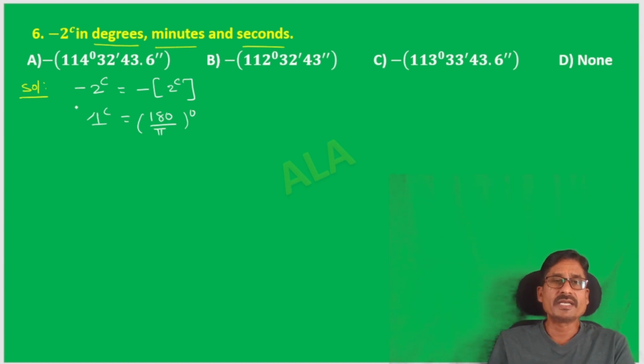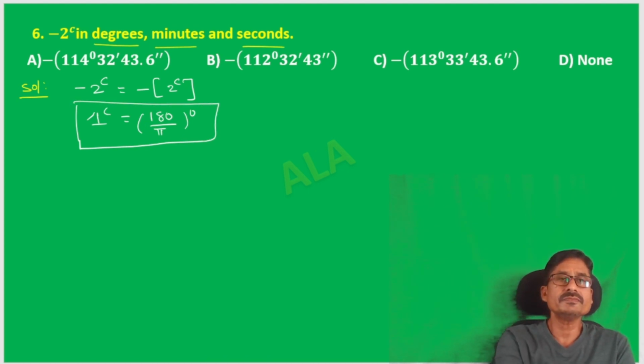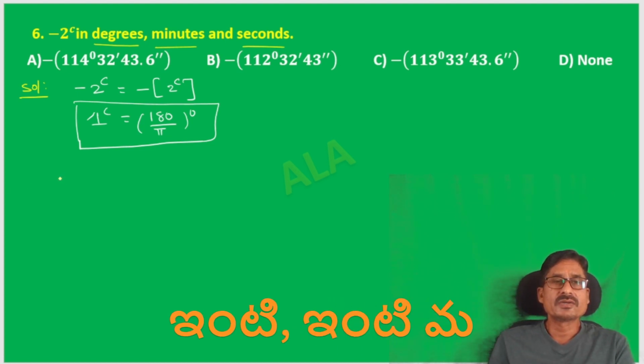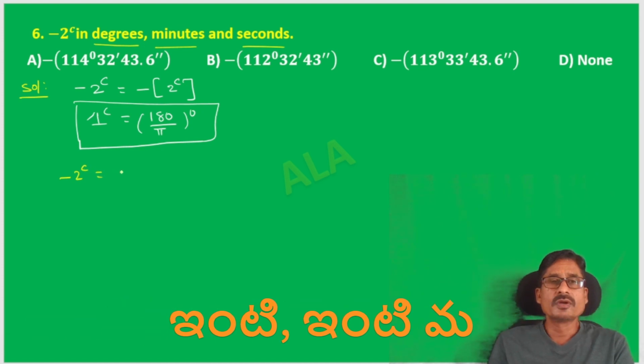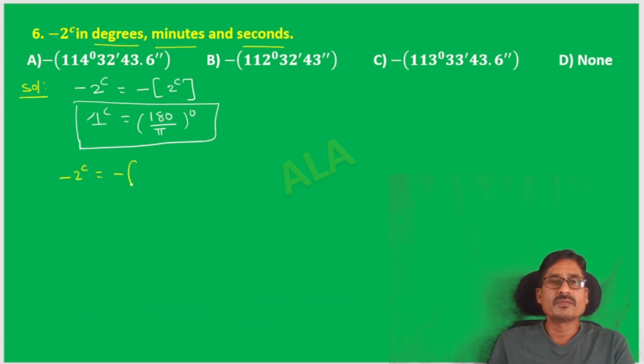So we multiply this 180 by pi degrees to 2 radians. Minus 2 radians is equal to minus of 2 into 180 by pi degrees.